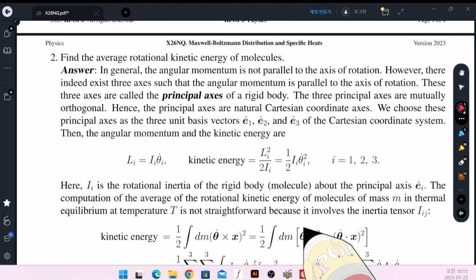Two, find the average rotational kinetic energy of molecules. Now let us consider the structure of a molecule. We assume the structure, but the structure doesn't have any vibration.